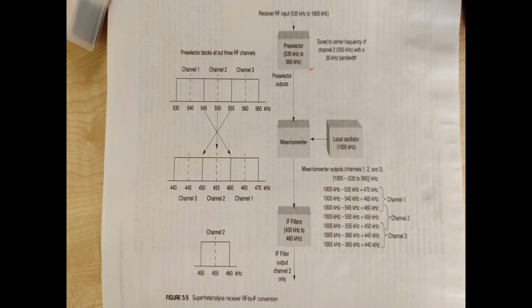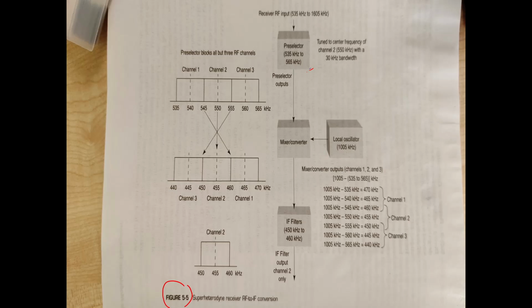This is about the superheterodyne receiver. This is an example from Wayne Tomasi's book, and I take it from chapter 5, figure 5.5. This is a superheterodyne receiver which consists of the RF section, mixer converter section, and also the IF section.